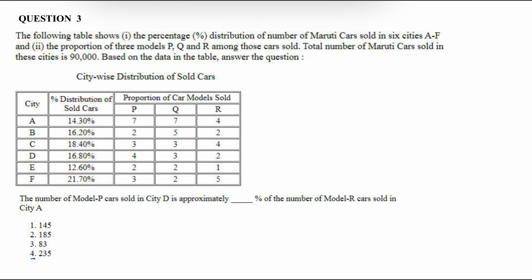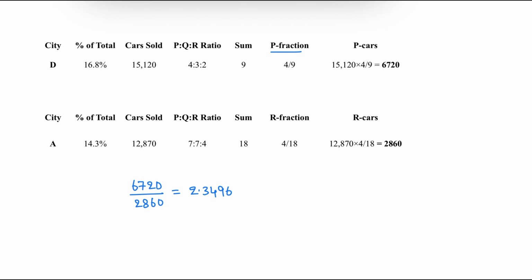Question number 3. The number of Model P cars sold in city D is approximately dash percentage of the number of Model R cars sold in city A. For city D, the percentage is 16.8%. 16.8% in 90,000 is 15,120.